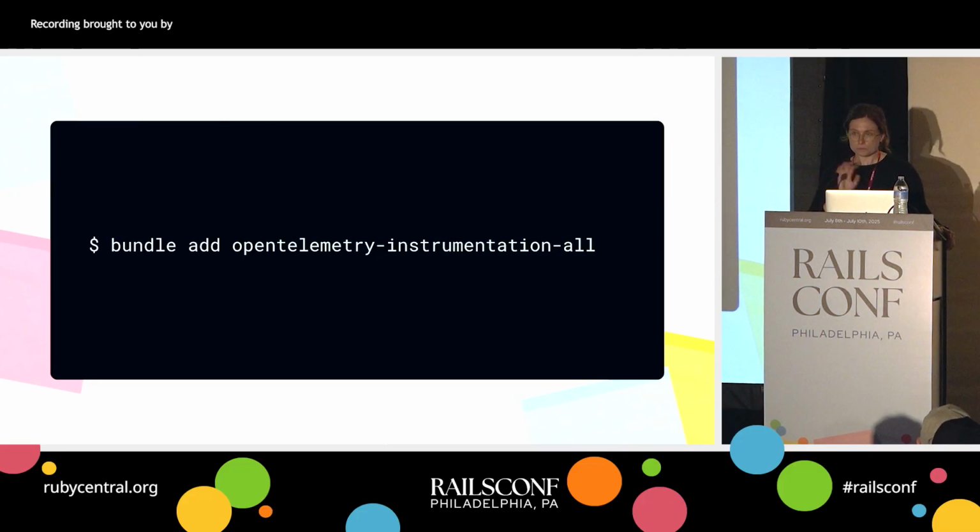All right, we have the foundation down. If you were to start up your application now and start generating some traffic, you would see nothing in your backend. Because up until this point, even though we've installed things, we don't actually have any calls to the API to record telemetry. So to make it easy on ourselves, we're going to use this gem, OpenTelemetry instrumentation all, that you can add to your gem file.